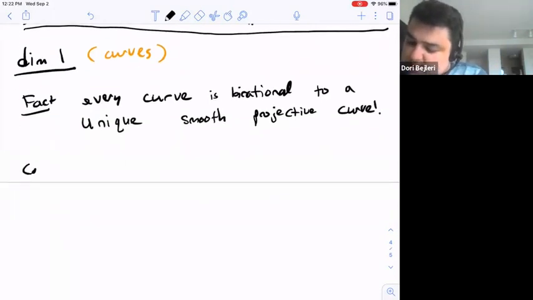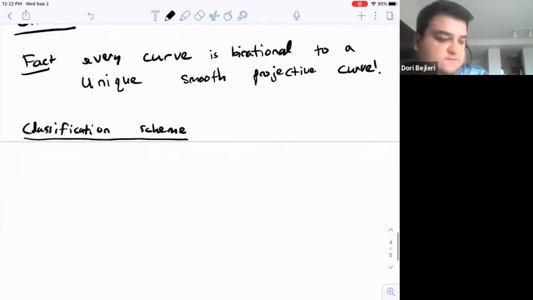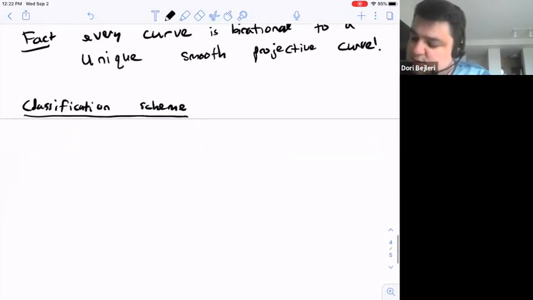So now we can carry out our classification scheme for curves, and this is what we get. Our curves are classified by their genus, which is the same as global sections of this canonical divisor.